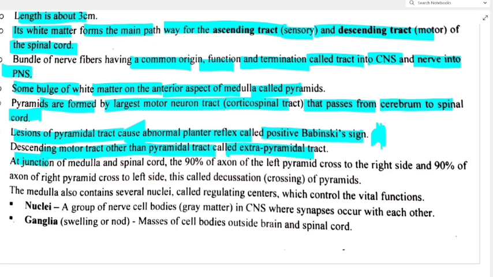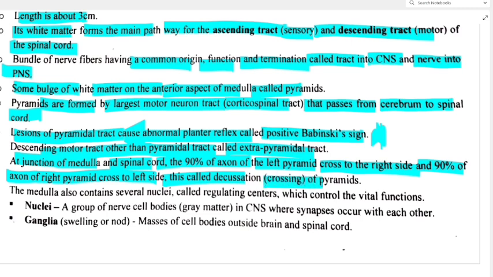At the junction of medulla and spinal cord, 90% of axons of the left pyramid cross to the right side and 90% of axons of the right pyramid cross to the left side. This is called decussation or crossing of pyramids.